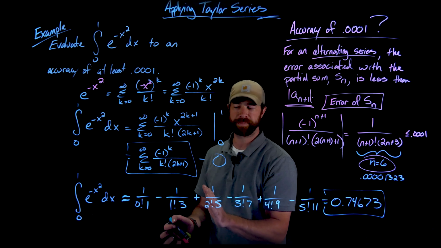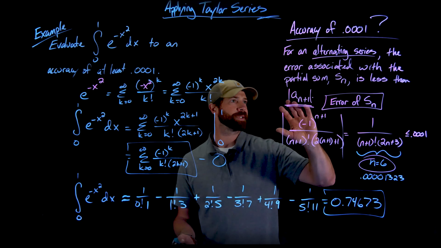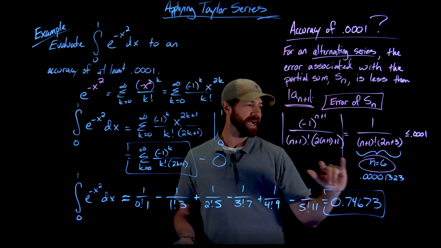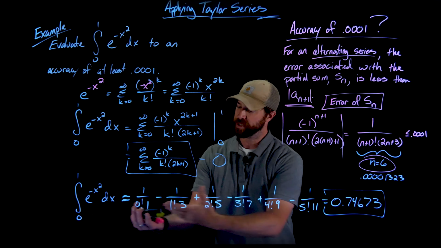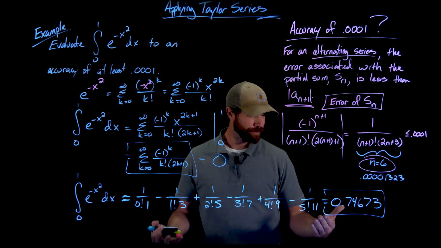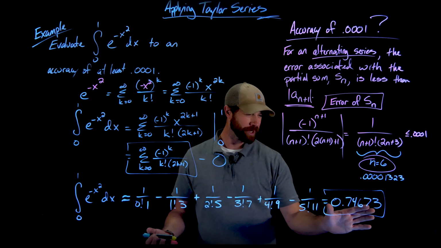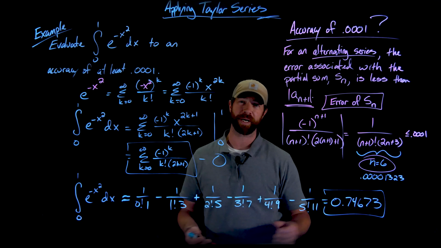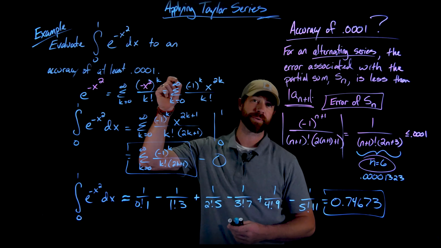That might not always be the case, but because it's an alternating series, it's a bit easier to find this kind of accuracy. I found I needed 6 terms, so I expanded until I had my first 6 terms, feeling comfortable that this value right here is a dang good approximation, accurate up to 0.0001.